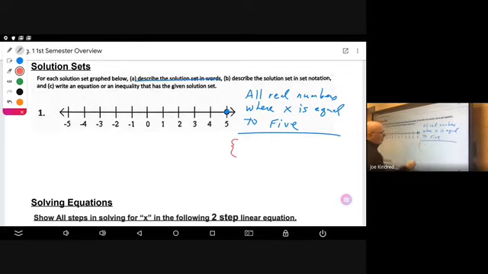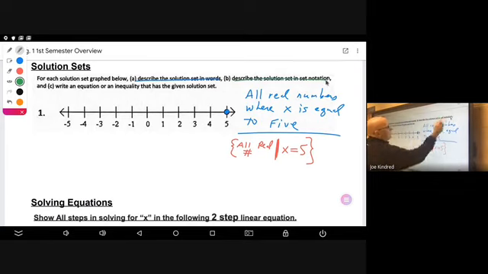Where, in this case, x is equal, the solution, in other words, is equal to five. Now let's describe the solution in set notation.